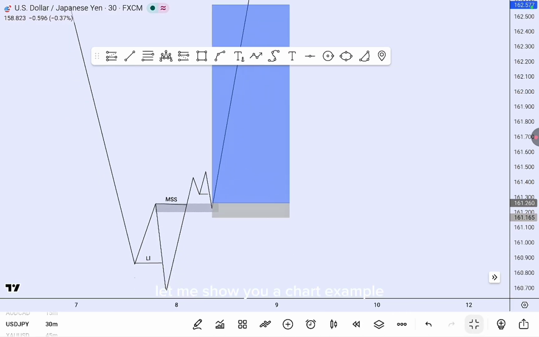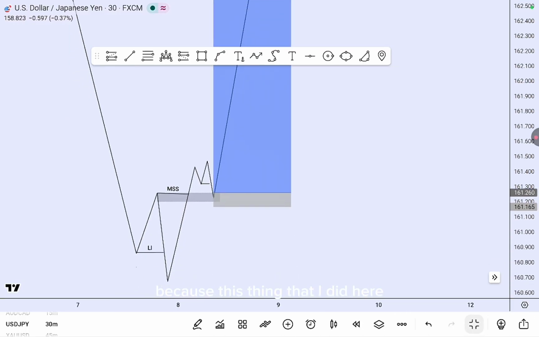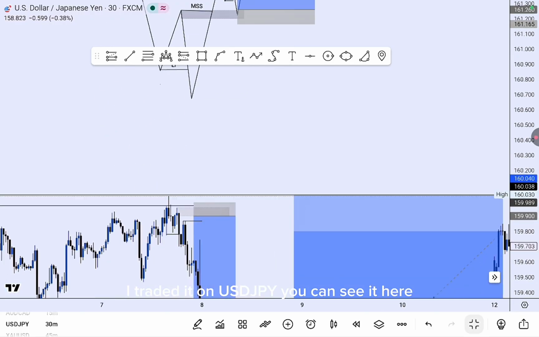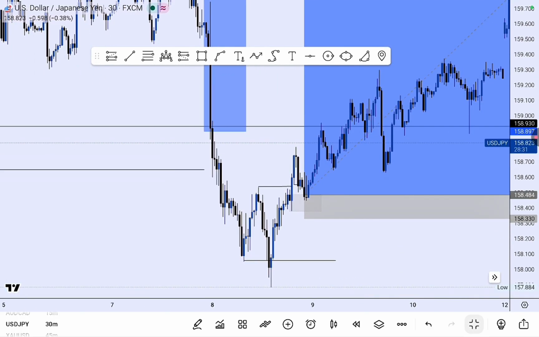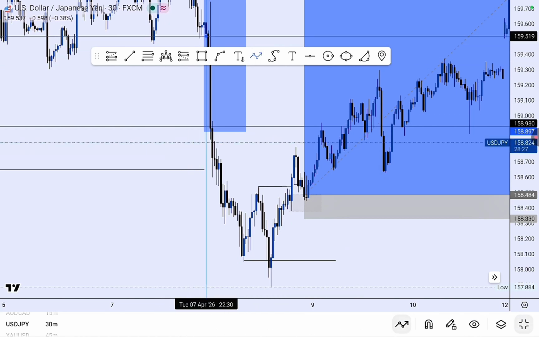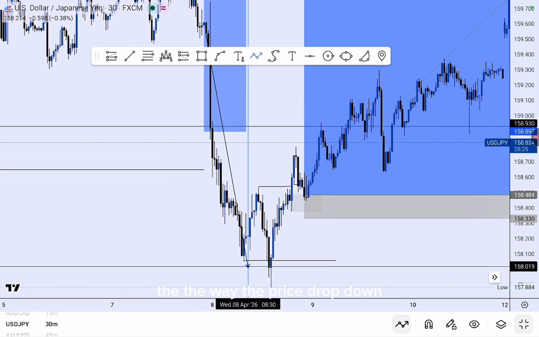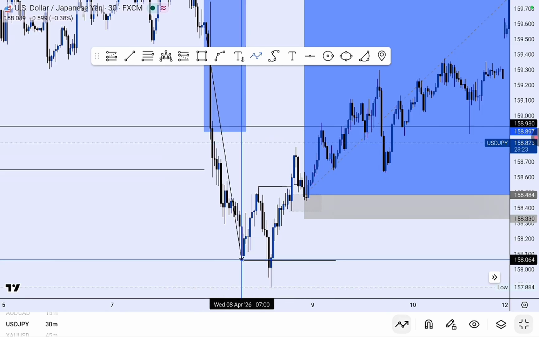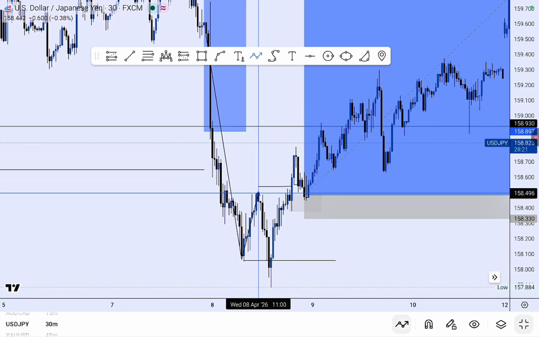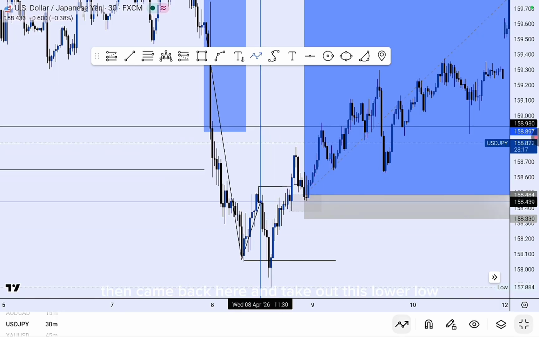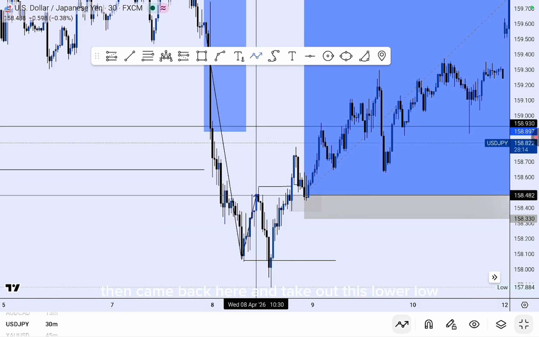Let me show you a chart example, because this thing I just labeled here, I traded it on USDJPY. You can see it here. You see the drastic way the price dropped down and then rallied up, creating what they call a lower high, then came back here and took out this lower low.